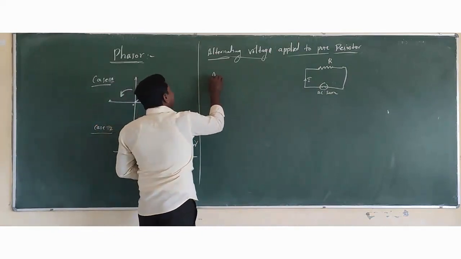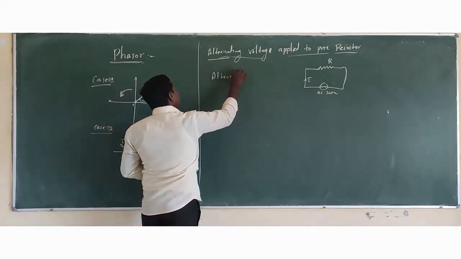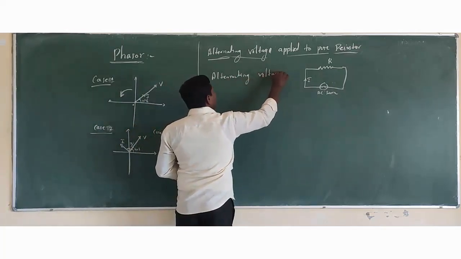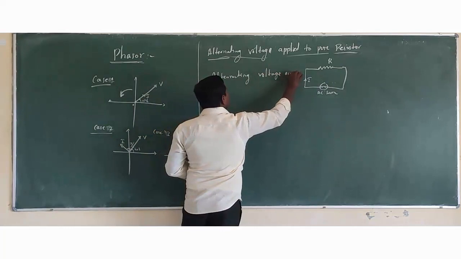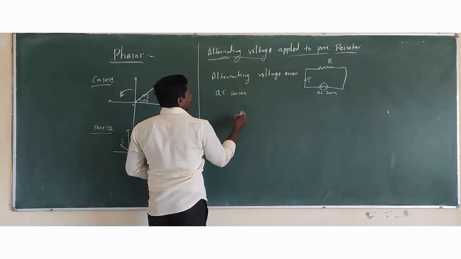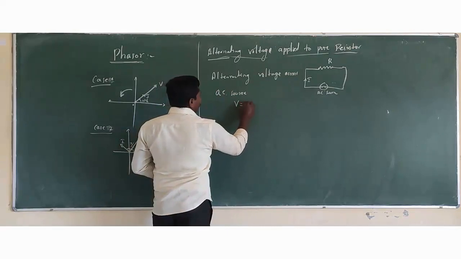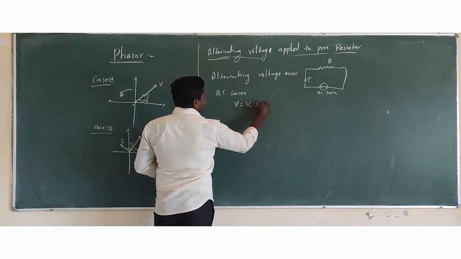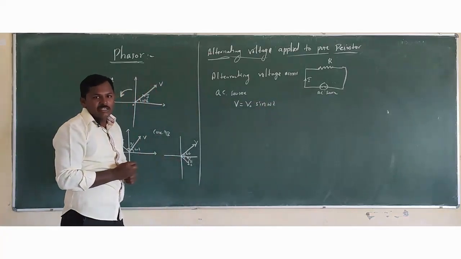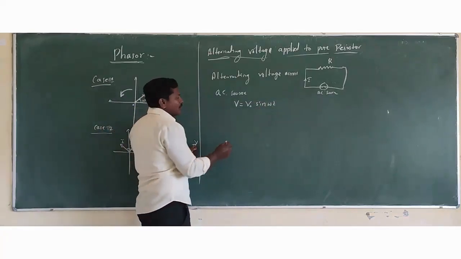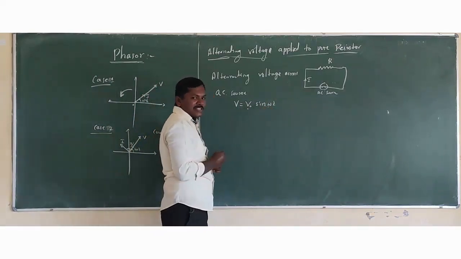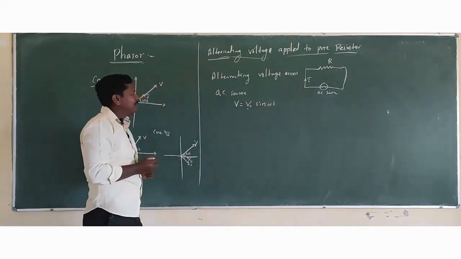Now here the alternating voltage across the AC source can be represented by the expression V is equal to V naught sine omega t, where V represents the instantaneous voltage, V naught represents the peak value of the voltage, and omega represents angular frequency.